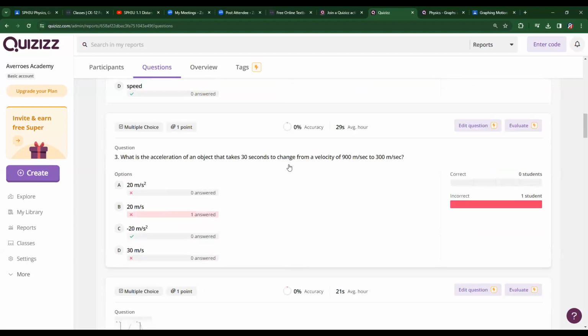What is acceleration? The object changes speed from a bigger one to a smaller one, so it's the change of velocity, final minus initial. Final is 300 minus initial 900, negative 600, divided by the change of time gives you negative.